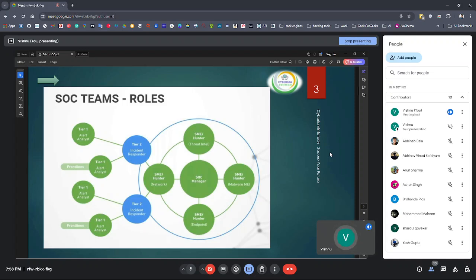In QRadar on cloud, you get everything like event collector, flow processor, event processor, and console, all on the cloud. Then you have to integrate all the devices of company B. Let's say company B is considering you, and you get the tender to look after company B's cyber security related things.